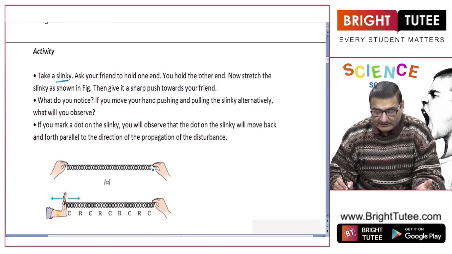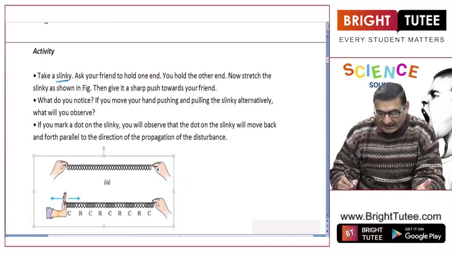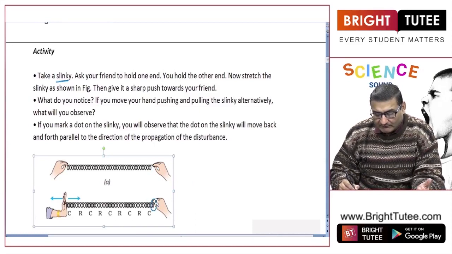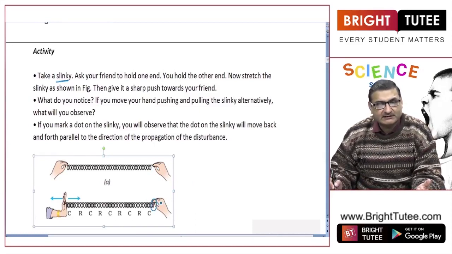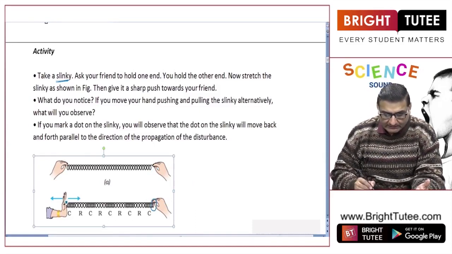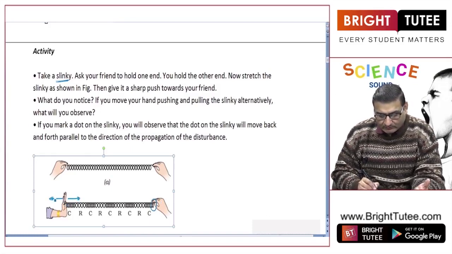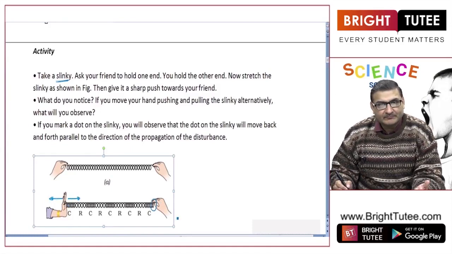Now what we will do is, we will ask one of our friends to hold one part of this slinky, and from the other part I'll try to compress or pull this slinky. Fine.